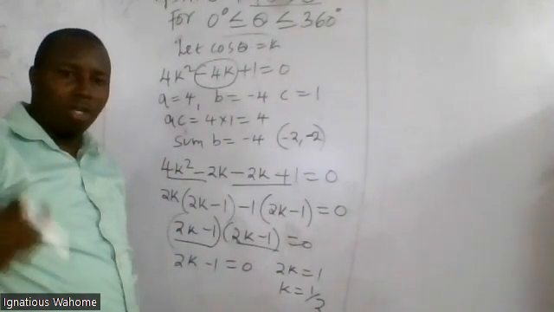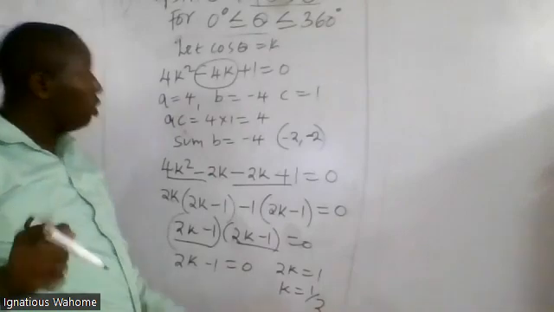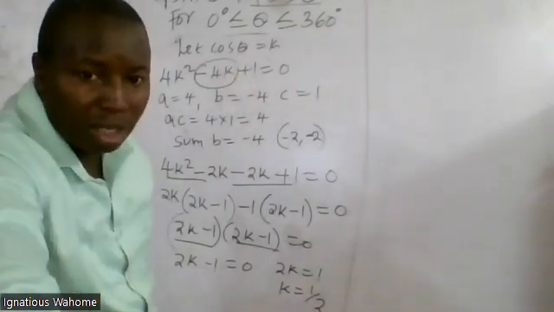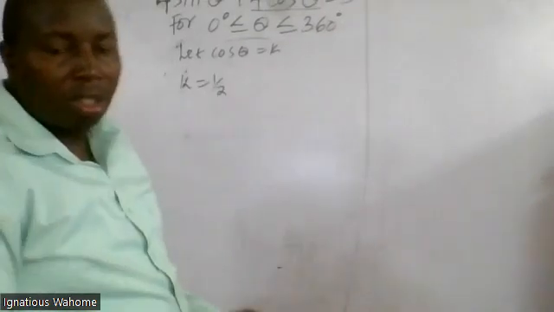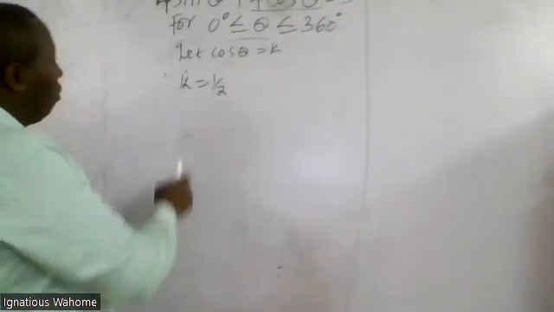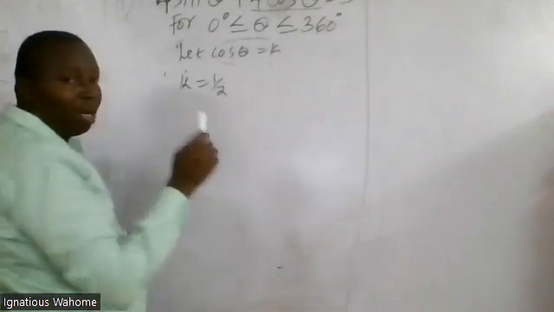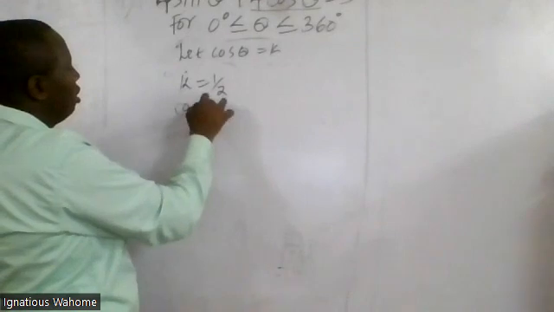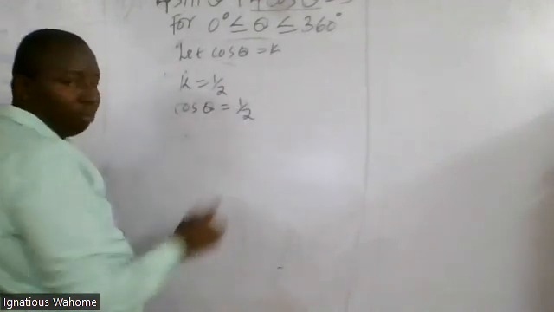But in your question, you require the value of theta, not k. So once you get that k is equal to a half, you say cos theta is equal to a half.